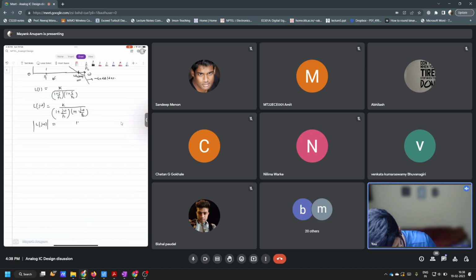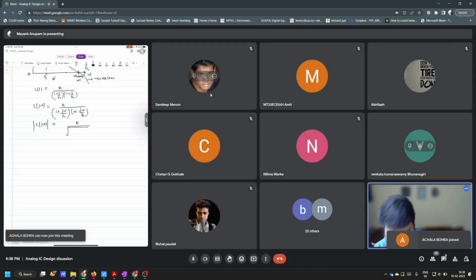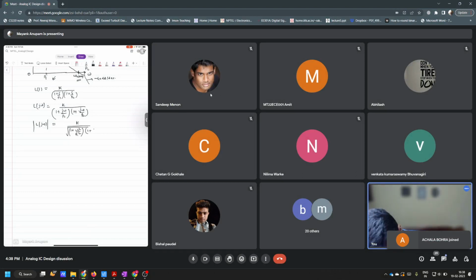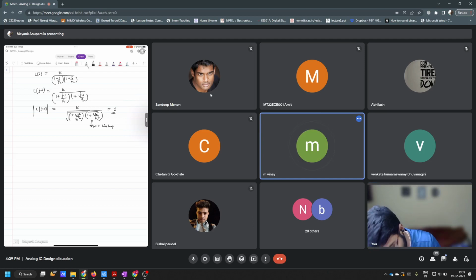Magnitude will be equal to k divided by root over 1 plus omega square divided by P1 square into 1 plus omega square divided by P2 square. Correct? Now you have to equate this magnitude to 1. This is the unity gain, and the omega at which this holds true will be omega U loop, right?